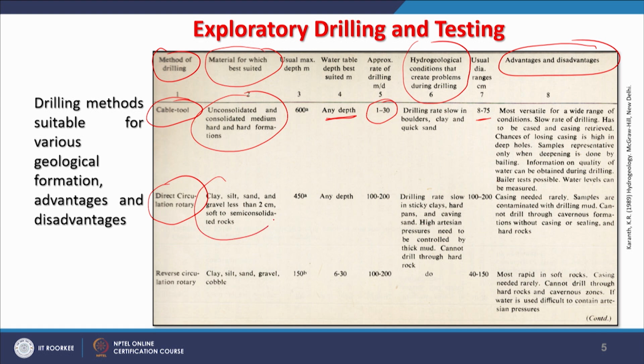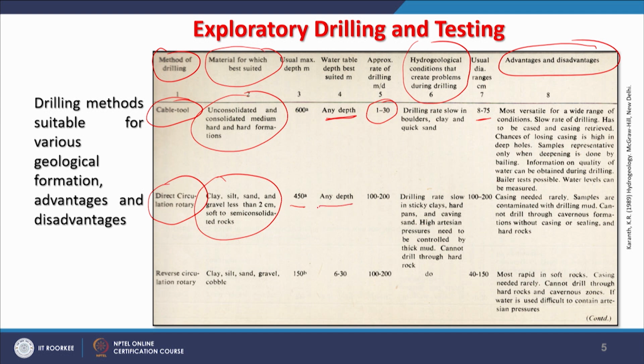This technique is suitable for formations having clay, silt, sand, gravel less than 2 centimeters, and soft to semi consolidated rocks. In the first example, cable tool, it was mostly unconsolidated, but here we are saying some hard rock, some semi consolidated rock. The depth we can achieve is 450 meter, which is quite good.